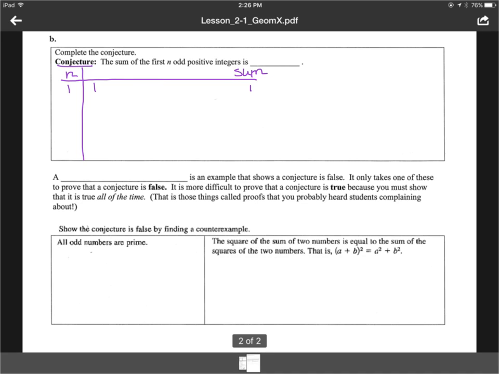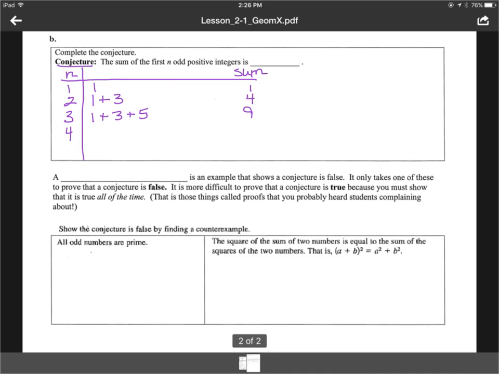The sum is 1. The first 2 odd positive integers would be 1, and what's the next odd positive integer? Well, it's 3. What's that sum? 4. The first 3 odd positive integers, 1 plus 3 plus, what's the next odd positive? 5. That adds to 9.